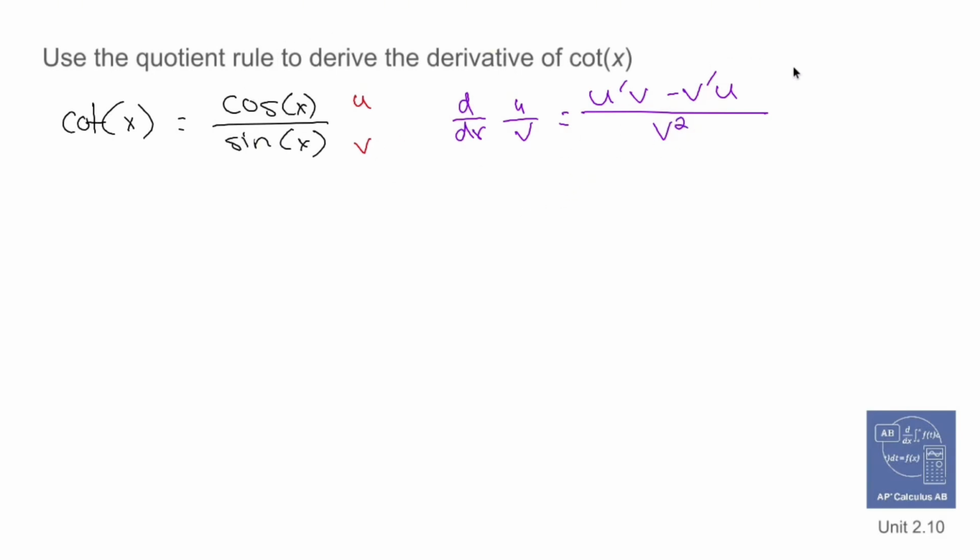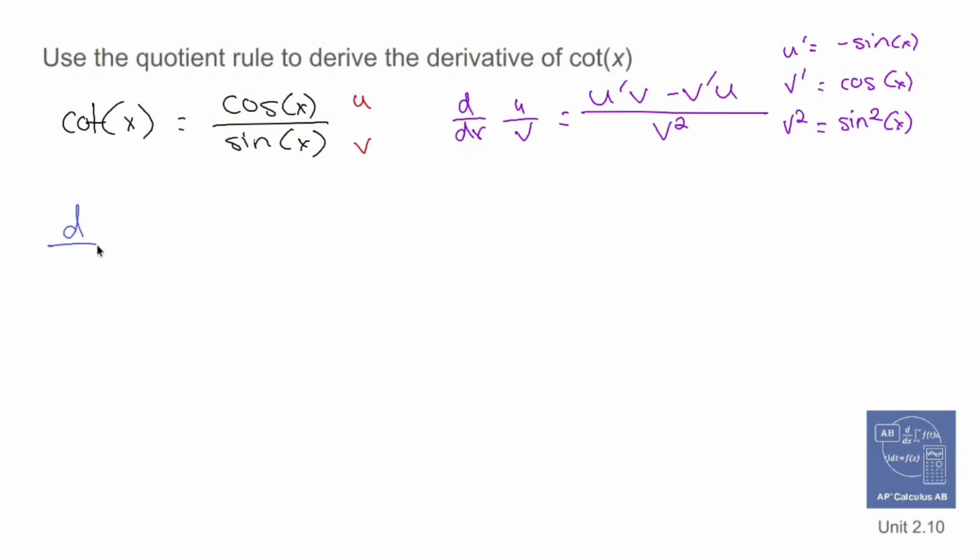So what is the derivative of each of these parts? Well, u prime is going to be the derivative of cosine, which is negative sine, like so. V prime is going to be the derivative of regular sine, which is regular cosine. V squared is going to be sine squared, so sine squared x, like that. So let's put it all together.